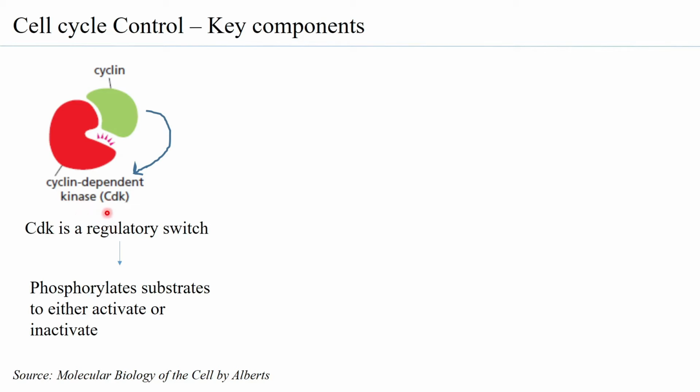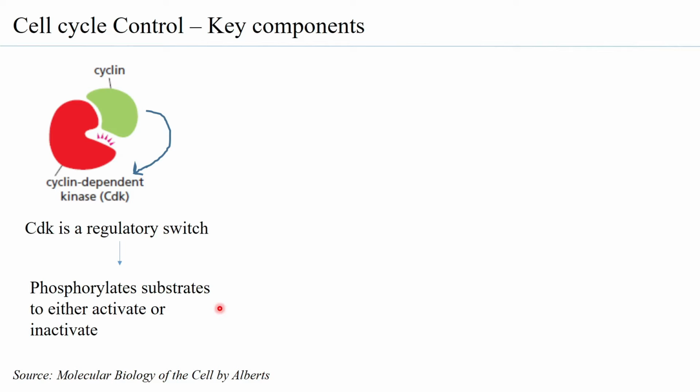So when the CDK becomes active, it is able to phosphorylate its substrates, and that phosphorylation will make the substrate either active or inactive. So different substrates have different conditions.